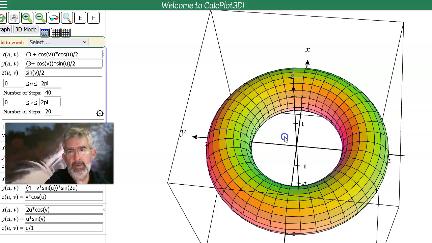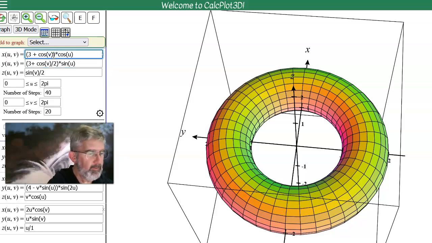Oh, that wasn't the right thing to do, was it? That whole thing got smaller because I didn't want to divide the whole x coordinate by 2. I only wanted to divide the inner radius, the radius of the other circle. So this was the sine v divided by 2. I need to divide the cosine v's by 2 to keep that radius bigger.